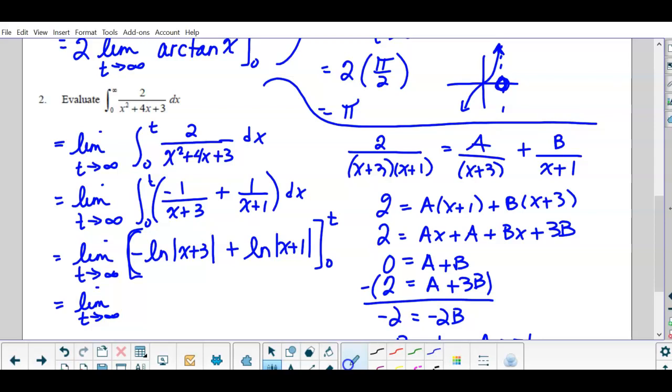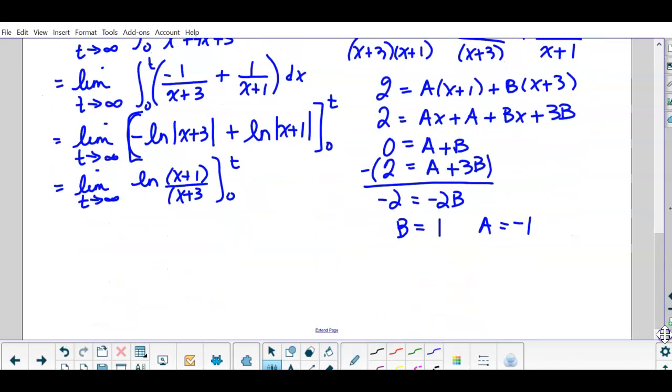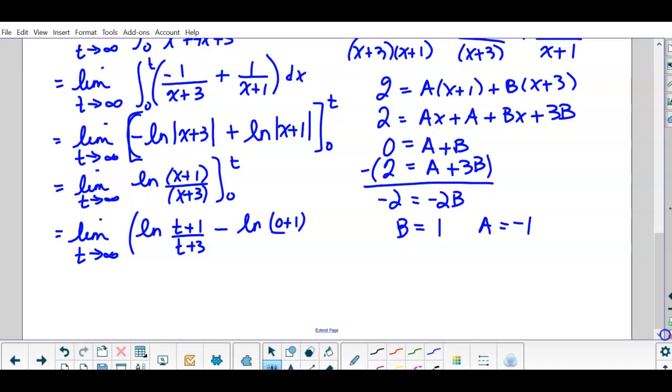So this is the same as ln of x plus 1 over x plus 3, because that's subtracting, from 0 to t. Now we can substitute in. So that would be ln of t plus 1 over t plus 3 minus ln of 0 plus 1 over 0 plus 3.